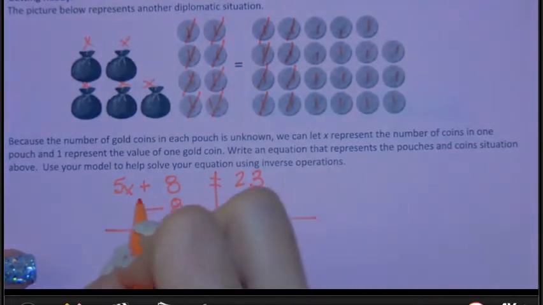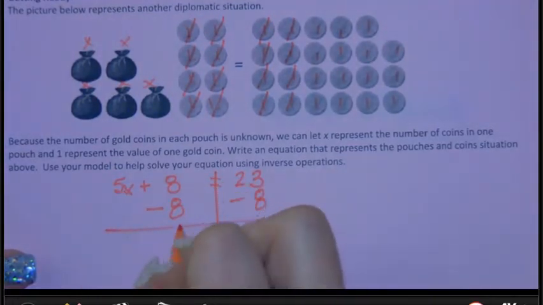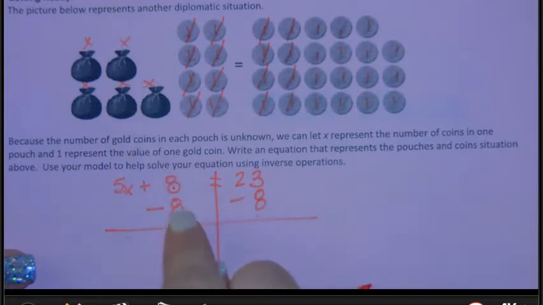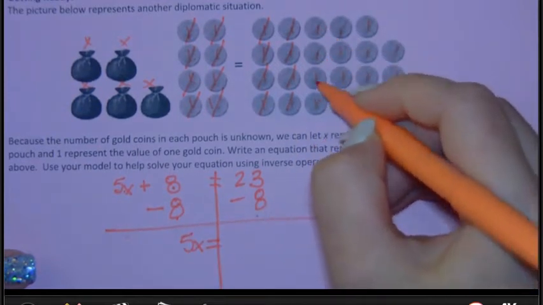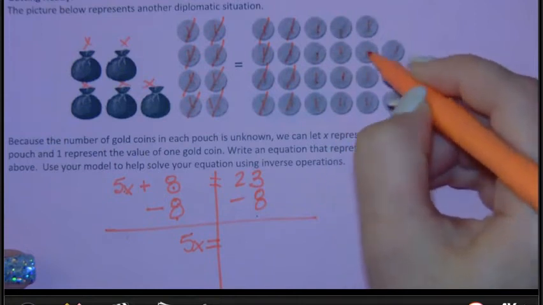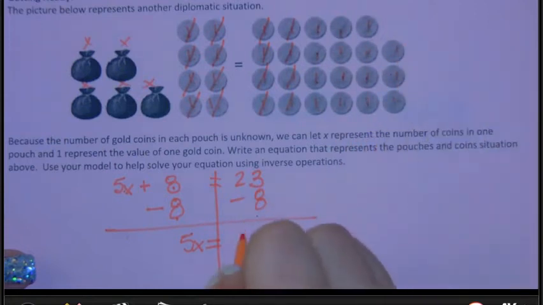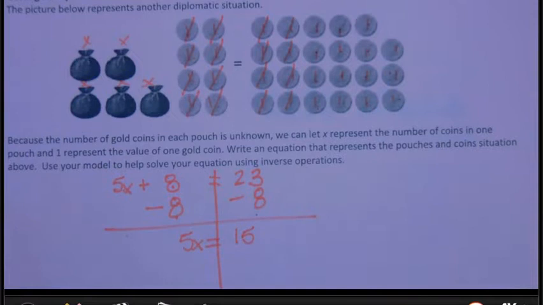Well, I'm left with 5x plus 8 minus 8, and 8 minus 8 is 0. So I'm left with 5 bags on the left, and I'm left with 1, 2, 3, 4, 5, 6, 7, 8, 9, 10, 11, 12, 13, 14, 15, 15 coins on the right.